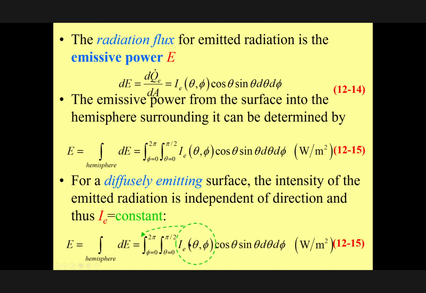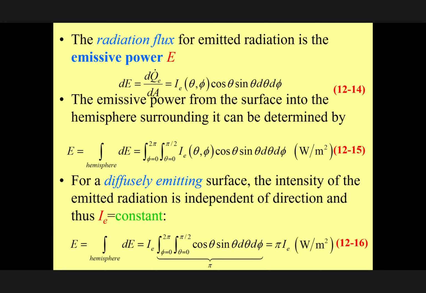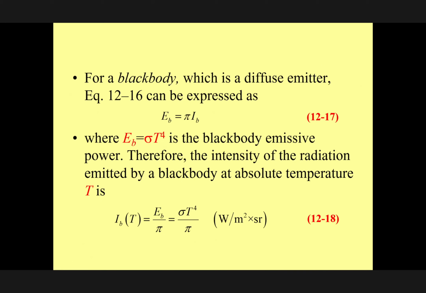You can take it out, and if you integrate per unit angle, we end up like this. Therefore, energy emitted is equal to pi times energy intensity. And for a diffuse system, this value is constant. It's not a function of phi and theta. Therefore, we can calculate easily.